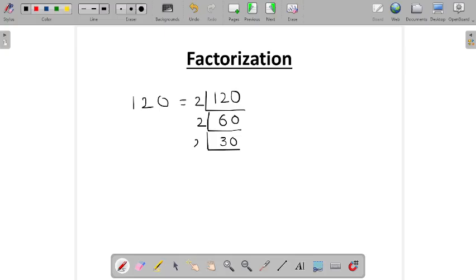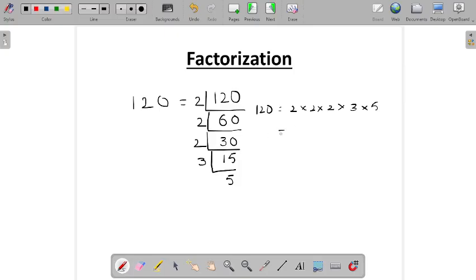Again, I can take 2 as a divisor and I have got 15 as coefficient. And 2 cannot divide this 15, so I have taken 3 as a divisor and I have got 5 as coefficient, and this 5 cannot be divided further. So these 2, 3, 5, these are prime numbers. So we can write this 120 as 2 into 2 into 2 into 3 into 5.